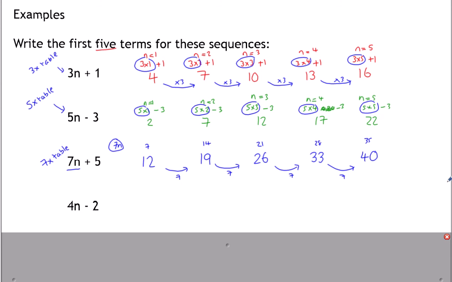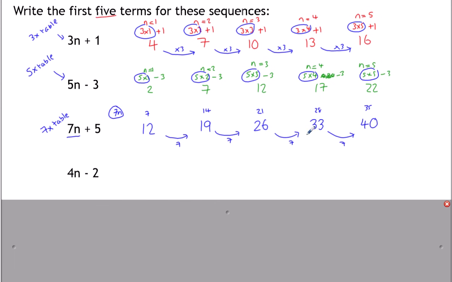Okay, one more of these then. So this time, what times table is it? It's the 4 times table. And what are we doing to the 4 times table? We're going to take away 2.